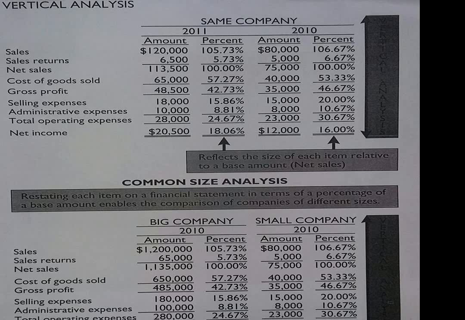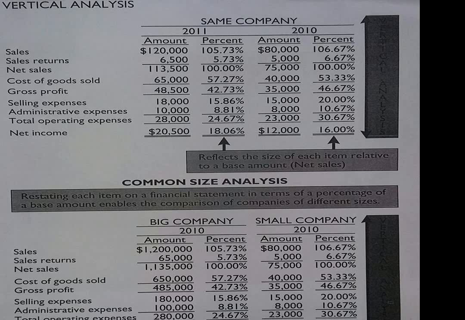Then the gross profit in year 2011 is 42.73%. Selling expenses represent 15.86%, and administrative expense represents 8.81%.